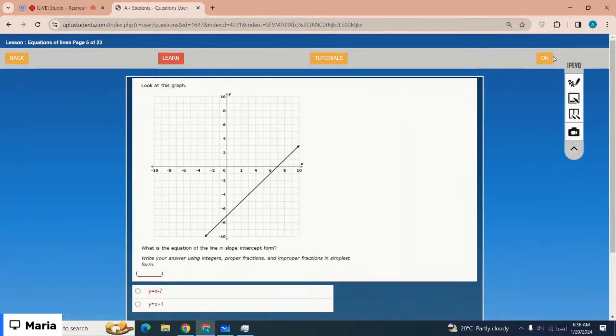Okay, the next one is look at this graph. What is the equation of the line in slope intercept form? So which is the correct option? Just look for the slope and the y-intercept of the graph. So which is the correct option?